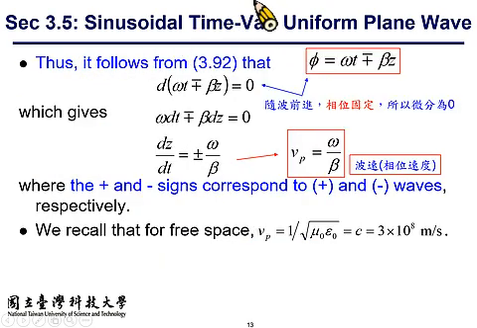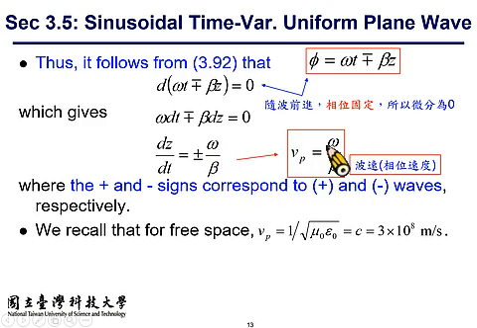So if you take the differentiation of the phase constant, you end up with omega times dt minus plus beta times dz. And you massage the equation a little bit, you get dz over dt, which equals omega over beta. That is the phase velocity.